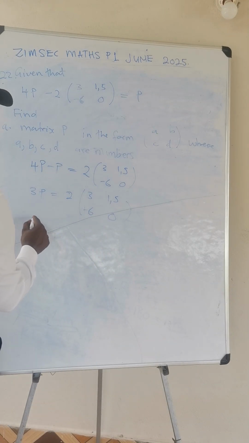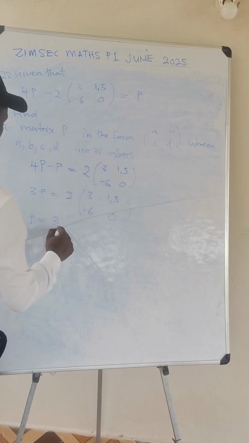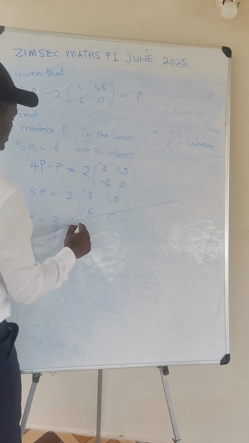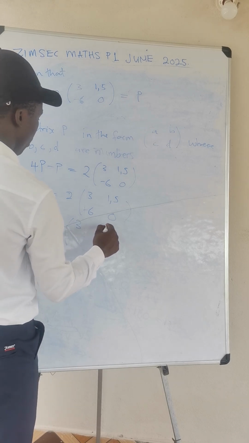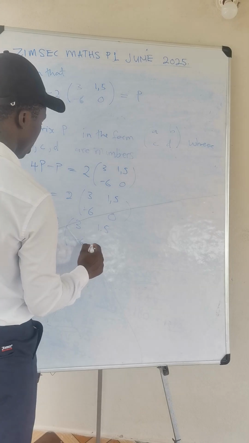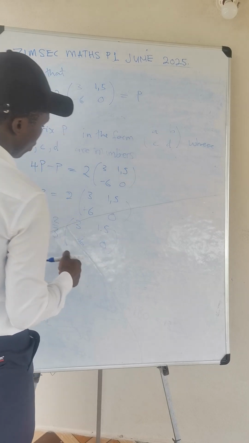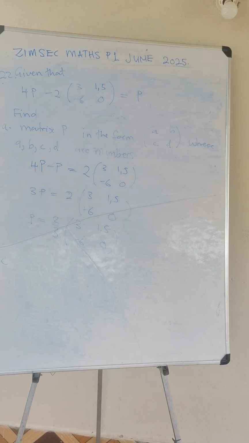Therefore, let's divide. Therefore p is equal to 2 over 3 open bracket 3, 1.5, minus 6, 0. Let me change my marker. So we have to multiply this part by the part which is inside the bracket.